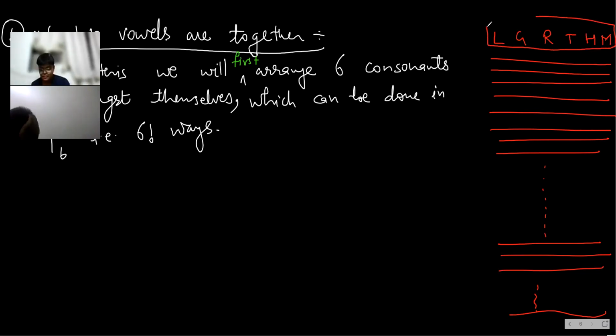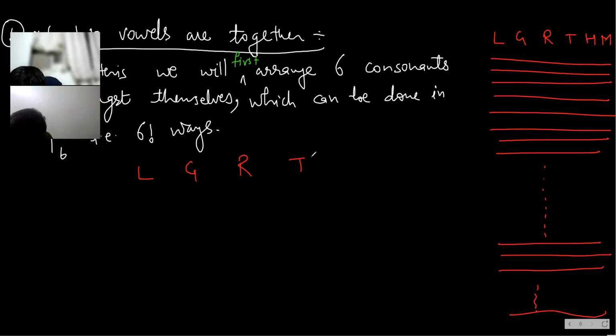So for example, let me pick this one up: L, G, R, T, H, M. See, I'm taking the first one, second one, third one. Like this, I have 720, that is 6 factorial, and this is the 720th one.